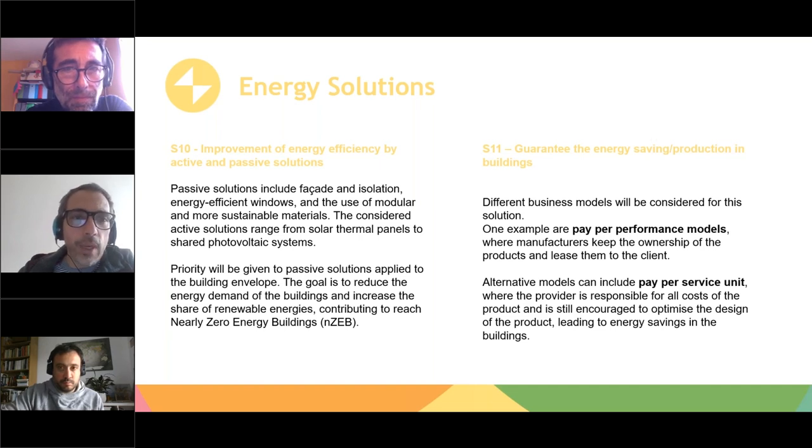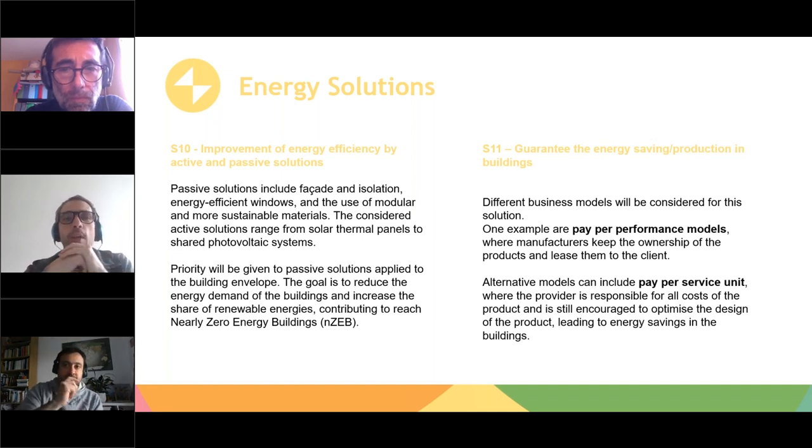As I said before, passive solutions include facade insulation, energy efficient windows, and the use of modular and more sustainable materials. And the active solutions range from solar thermal panels to photovoltaic systems, but active solutions could also be, although we haven't implemented them in Houseful, a geothermal heat pump or something like this.